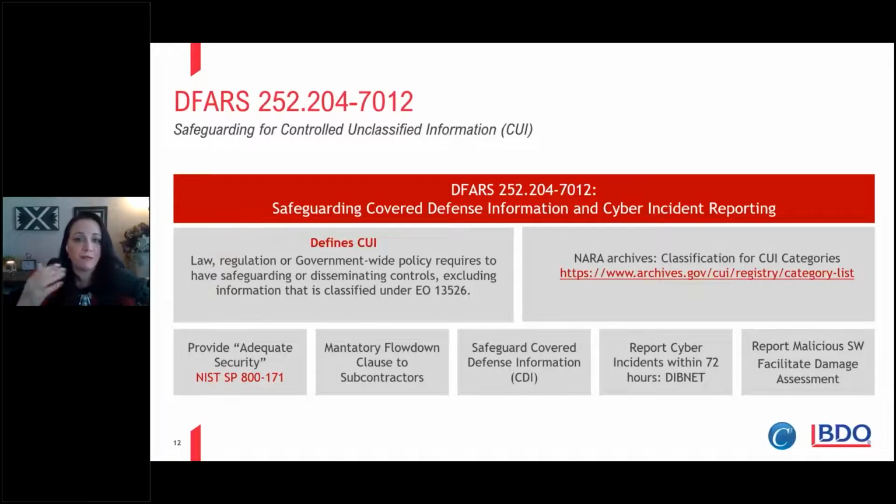So this really is an informational feedback system. But it also helps them notify contract officers if CUI data was compromised, so that the contract officers are also aware of that. You also need to report malicious software that you see. They may also want a copy of whatever you've been able to capture forensically, and you help the DIB facilitate a damage assessment.